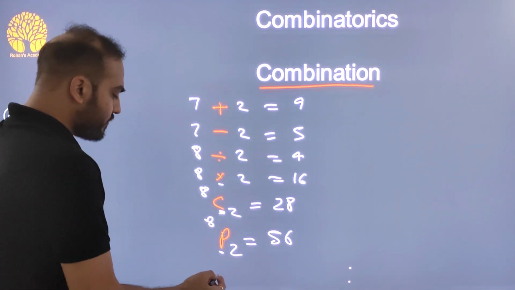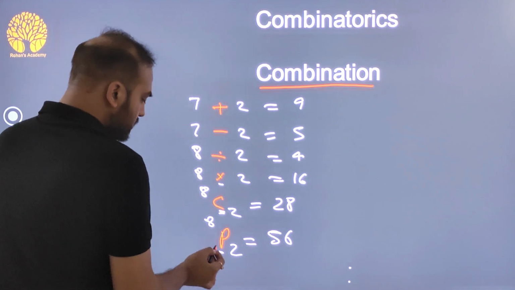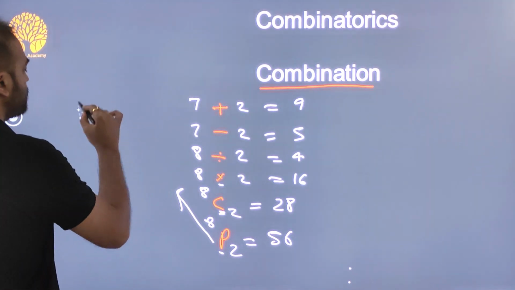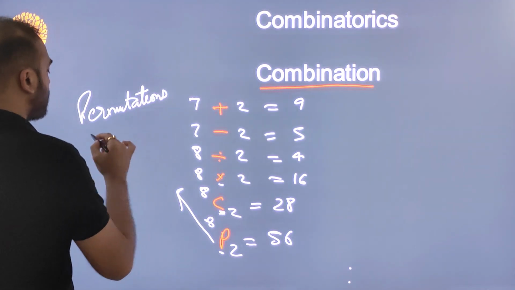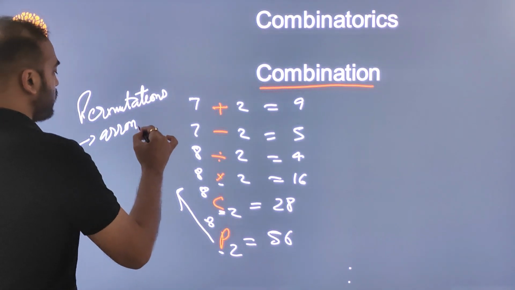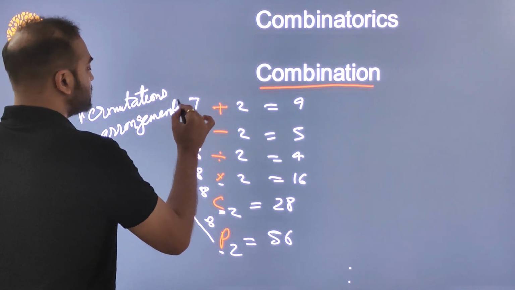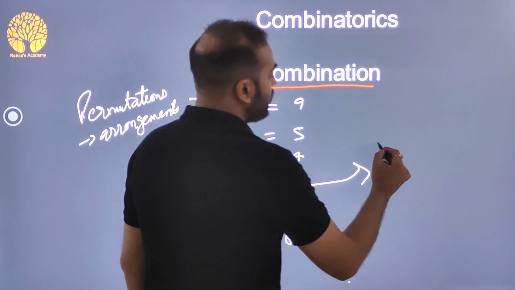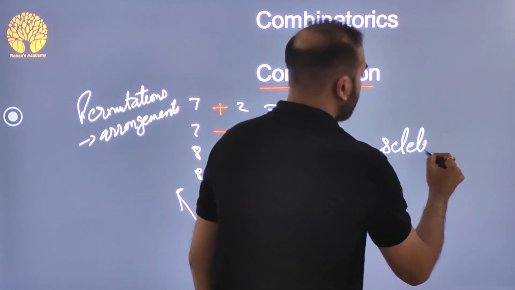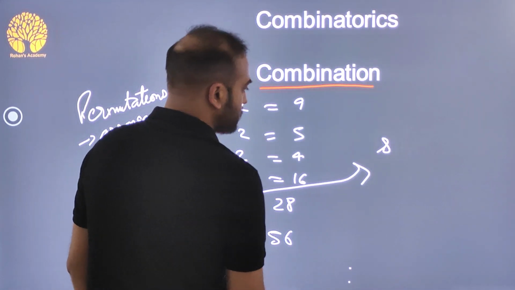Last time we discussed that permutations are used to tell us about arrangements. They tell us how many arrangements are possible. Similarly, combinations tell us how many selections are possible.